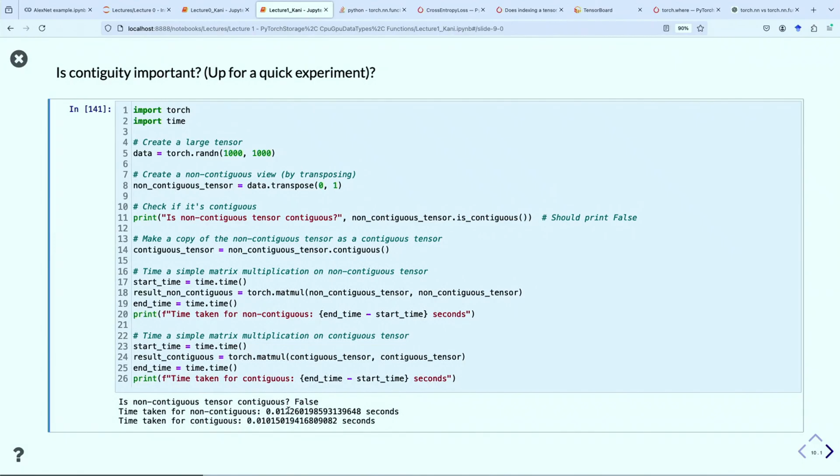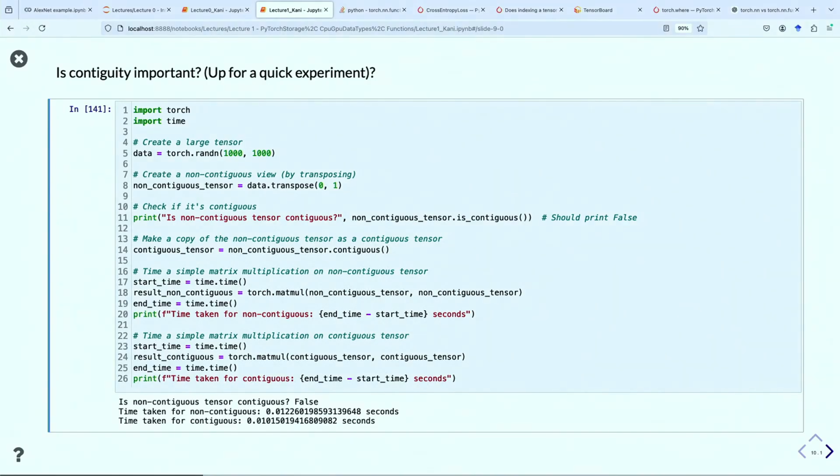Okay, so is it the end of the world? No, it's not the end of the world. But if we scale this up to a massive machine learning model, suppose you're doing something with millions, trillions of parameters that could all either be contiguous or not contiguous, things that take days to train, that 20% could be the difference between getting your thing done within the next 24 hours or waiting another 24 hours, or having a week shaved off your training time and so on, right?